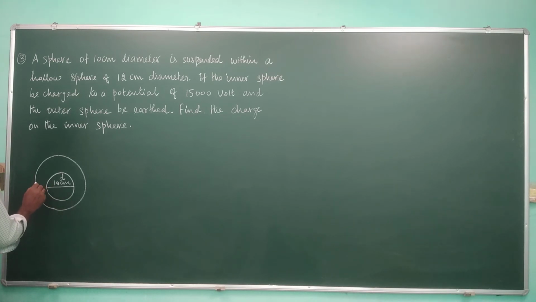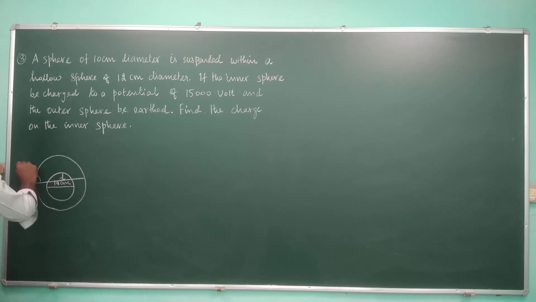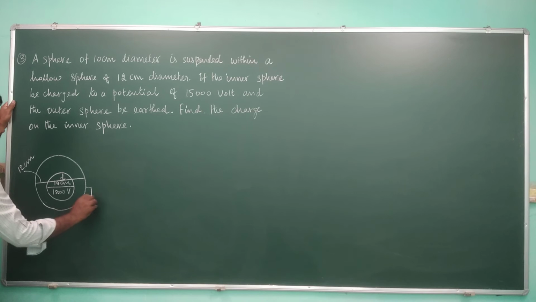Now this radius, you can say, 12 centimeter diameter. Now, the inner sphere is charged to a potential of 15,000 volt, and the outer sphere is earthed.